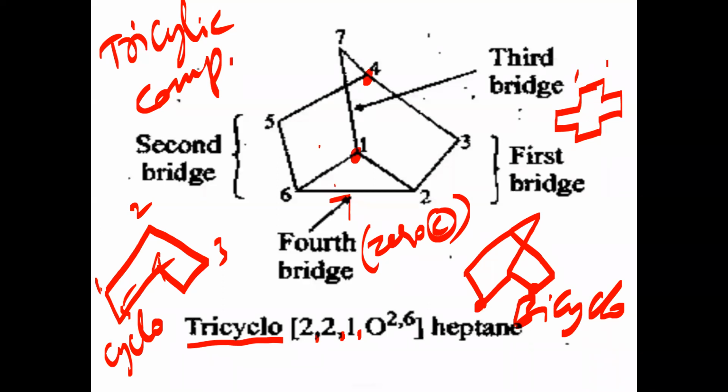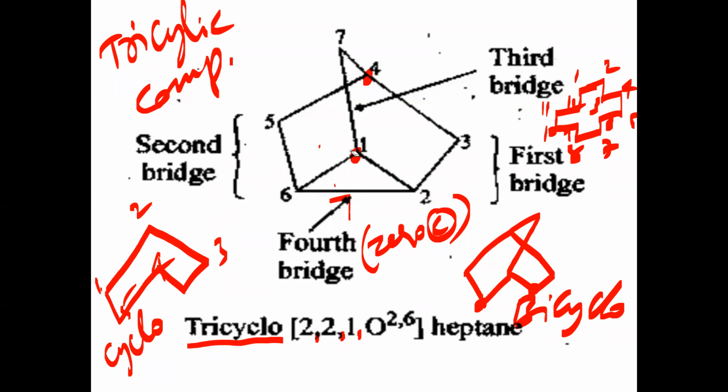How many carbons? 1 to 12. Twelve carbons, dodecane, cyclododecane. It is only a cyclic ring. This one is a cyclo compound, this one is a bicyclo compound, and this one is a tricyclo compound.